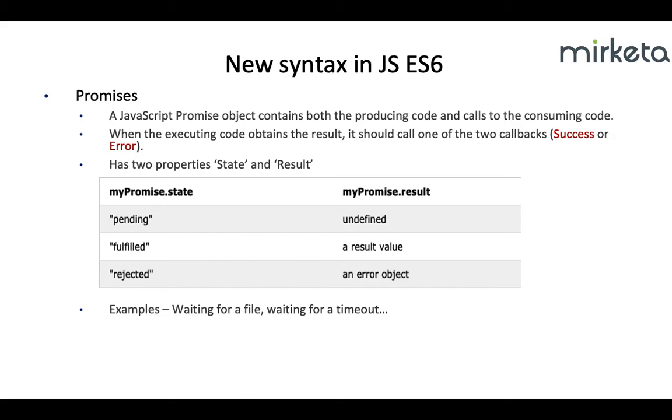It has mainly two properties, state and result. If the code is in progress, it is pending, and if you try to get the value, it returns undefined. If it is fulfilled, we can get a result. If rejected, then we get an error.